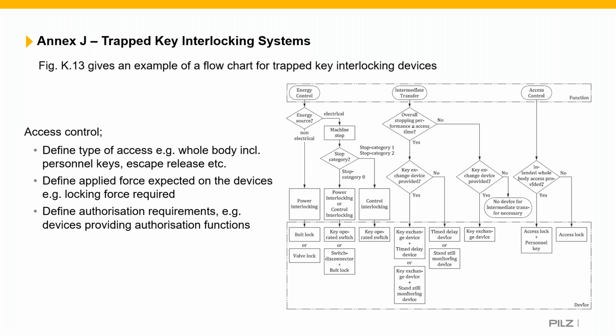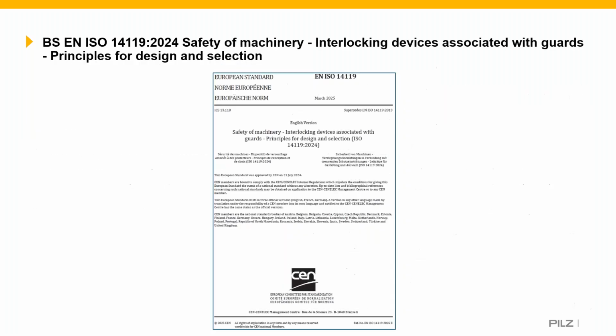So again, back to the security aspects and the details and requirements in the new machinery regulation that mean that we can only allow certain people to do certain things or access certain areas. So that is all in, as I say, the new Annex J, which is the additional bit for trap key interlocking systems. And that, ladies and gents, brings me to the end of this morning's webinar.